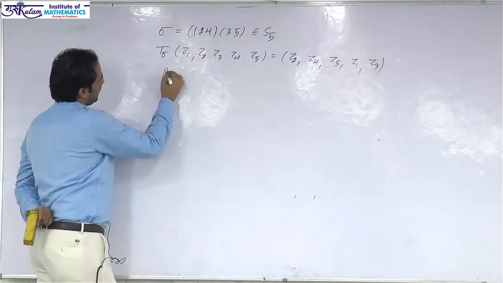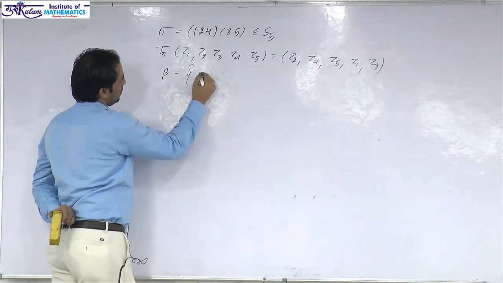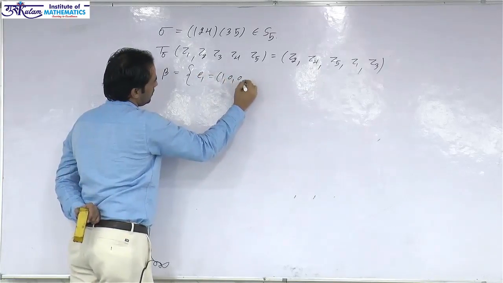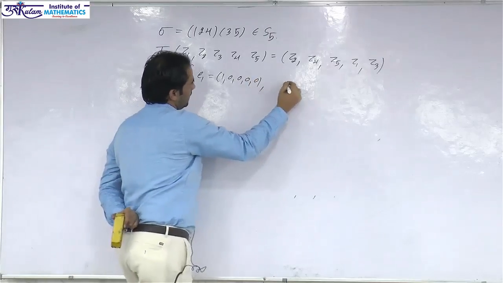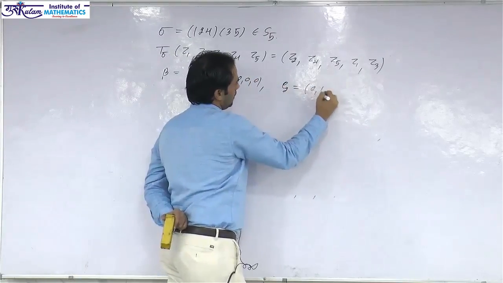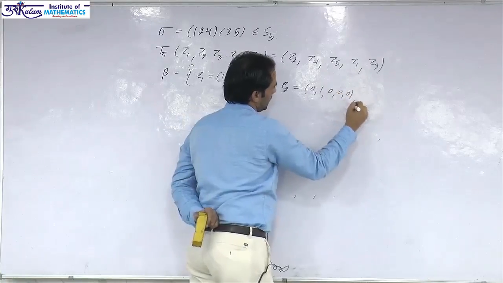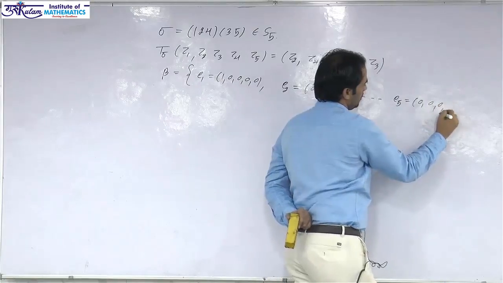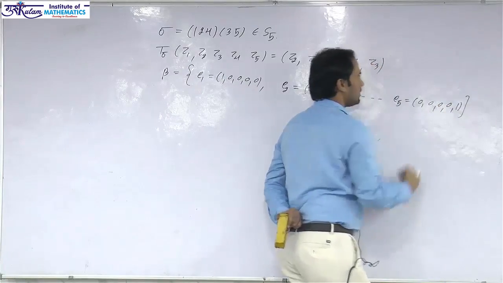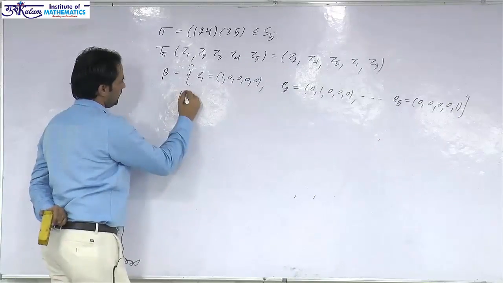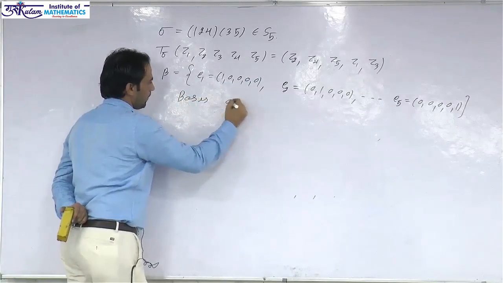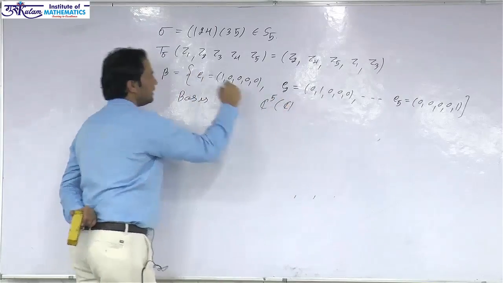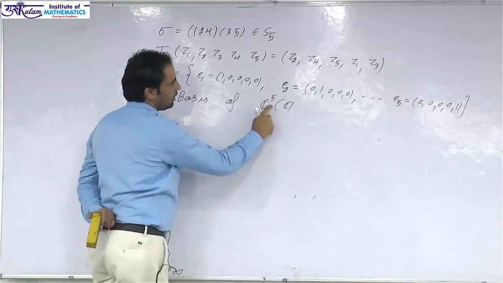Now let beta be the standard basis of C5, where E1 is 1 0 0 0 0, E2 is 0 1 0 0 0, and so on, E5 is 0 0 0 0 1. So this is the standard basis of the vector space C5 over C, and T sigma is a linear operator on C5.